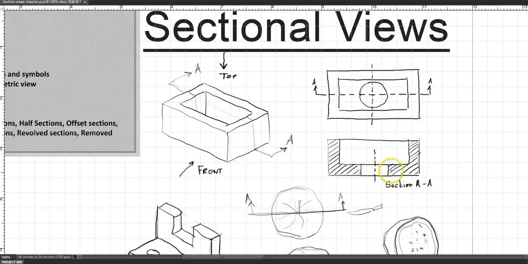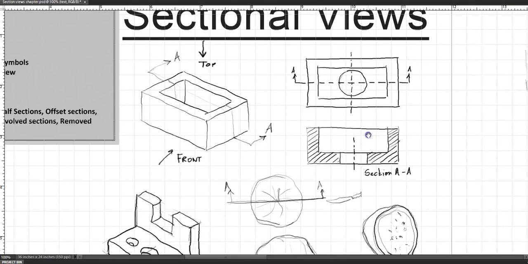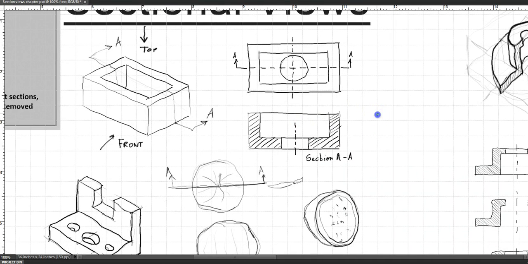For example, instead of having a section over here, if I had a front view of the same object, it would pretty much just look like this. But then we add our hidden lines to make the object more clear. And when we add our hidden lines, they are going to go like this.